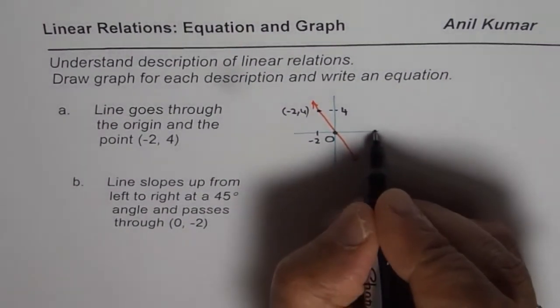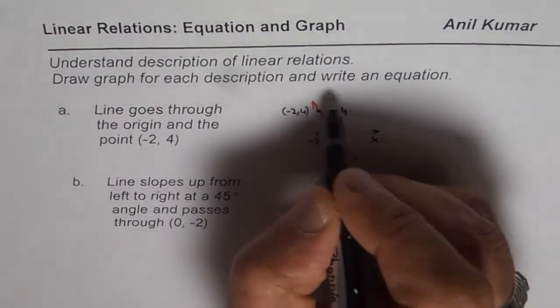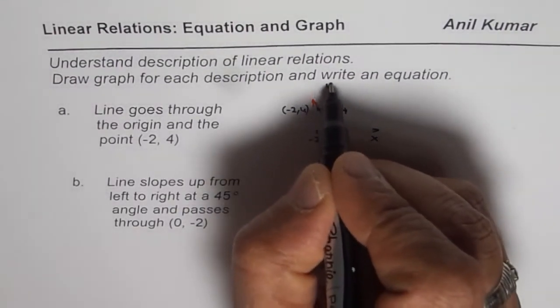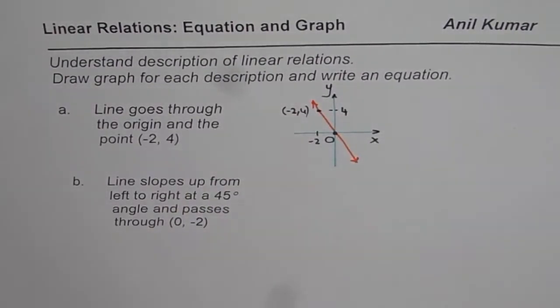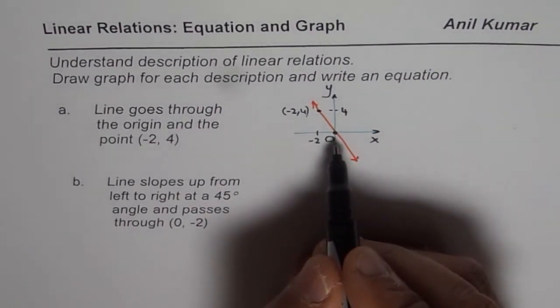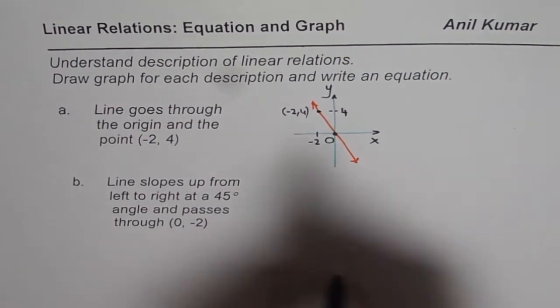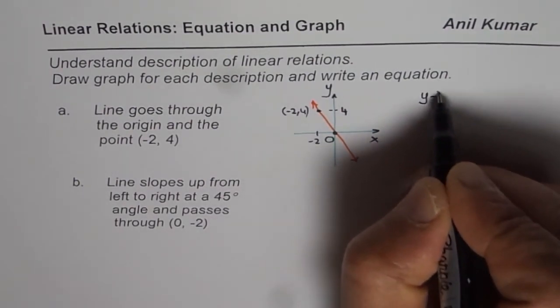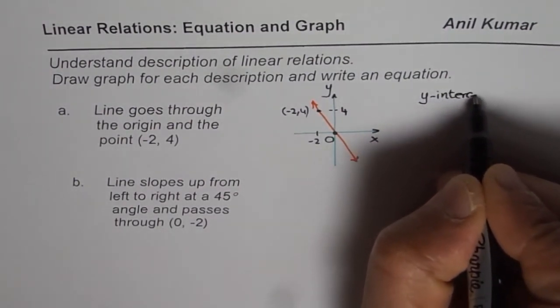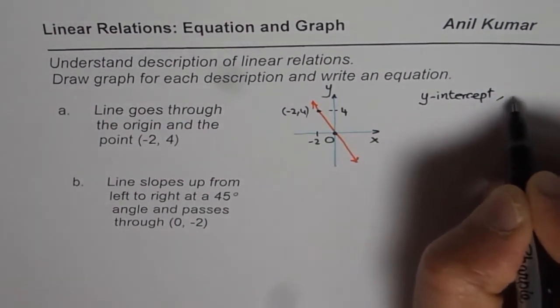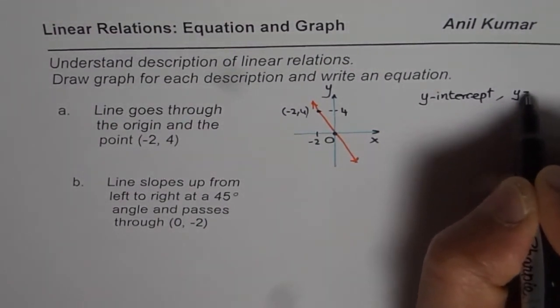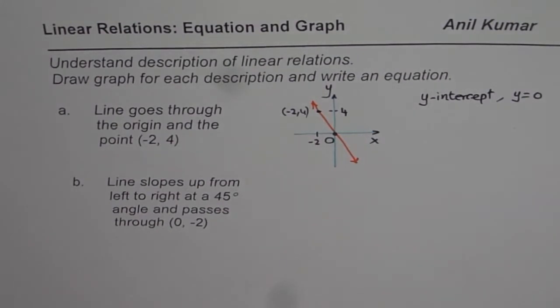So we'll sketch rough graphs just as I've done one here. You can take a graph paper and do a better job. Now from here, let us try to find the equation of the line. Since the line goes through the origin, we know the y-intercept is 0, right? So we say y equals 0 is the y-intercept.